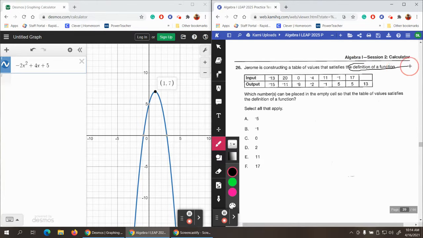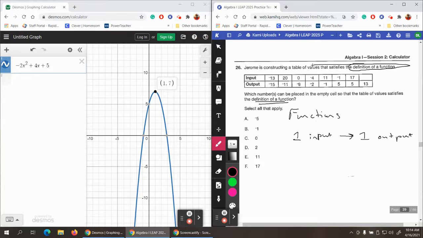Satisfies the definition of a function. We like functions. Functions are one input, one output, which means one value of x can only give you one value of y. Which one satisfies the definition of a function?